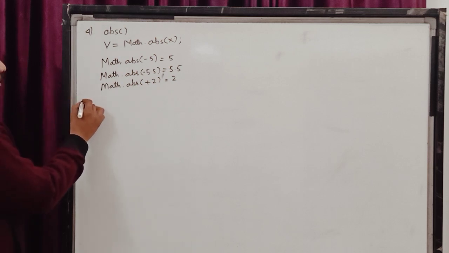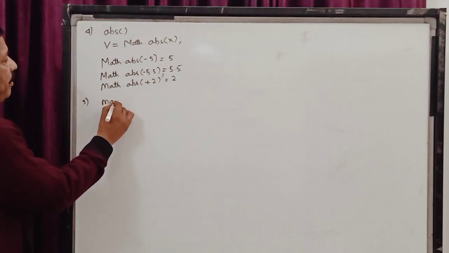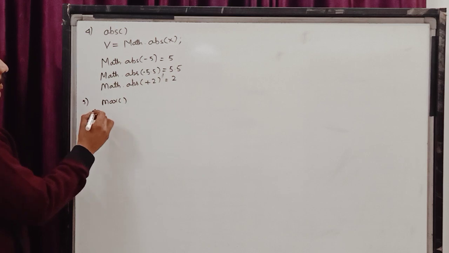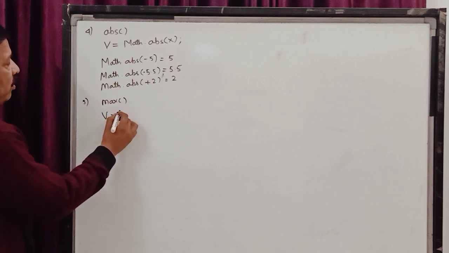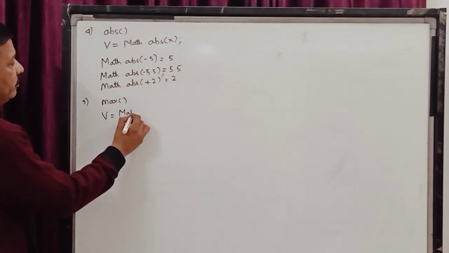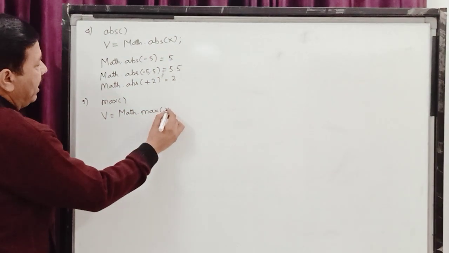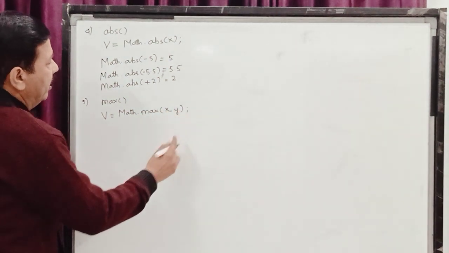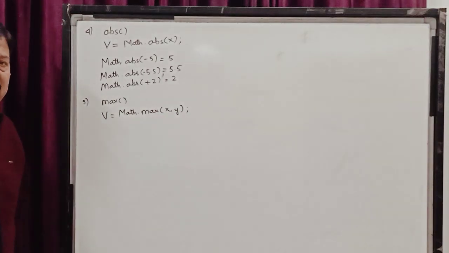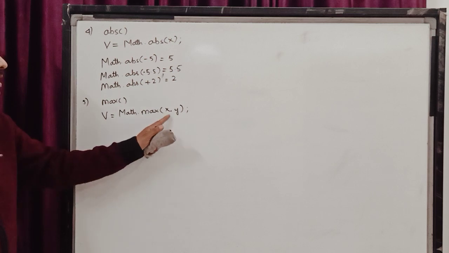Now the next function which we have to study is max. This is written like this: v is equal to Math.max(x, y). Now children, two numbers are given, x and y. This function is returning the maximum value out of these two numbers. The number which is bigger will be returned.